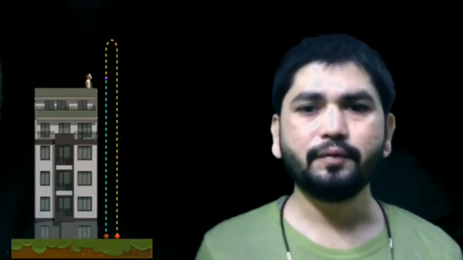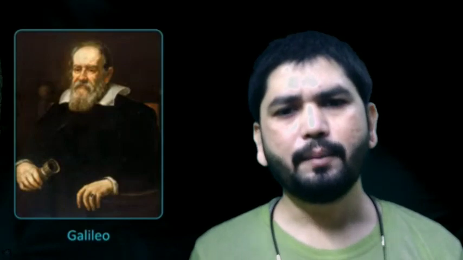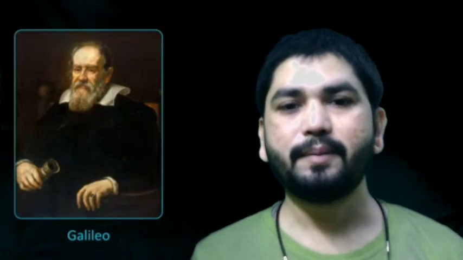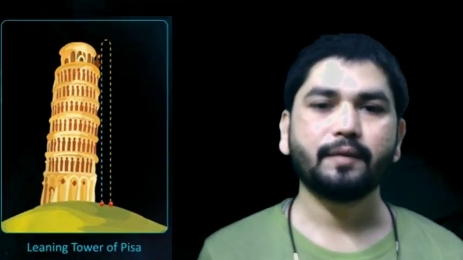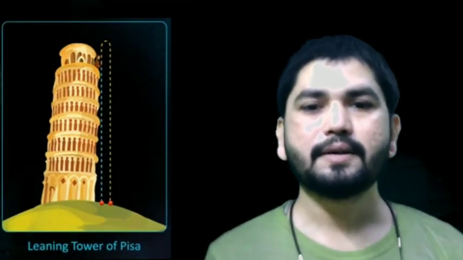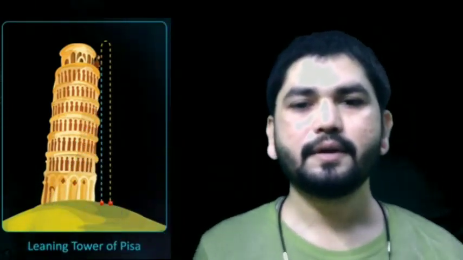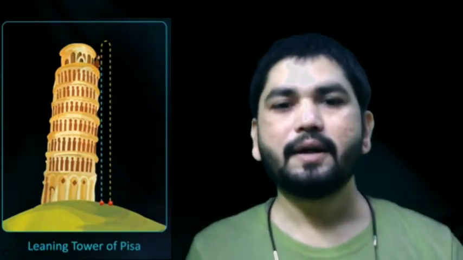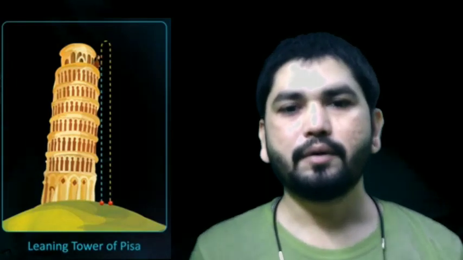First of all, have you heard the name of Galileo? Galileo studied this motion, and he did the practical at Pisa, because his house was near Pisa. He went to the top of the tower at Pisa and started dropping balls, and studied many points about the motion of the ball.